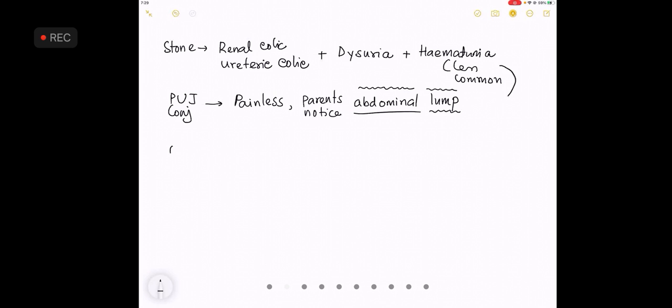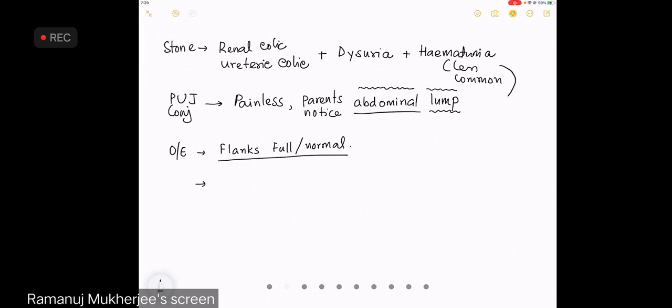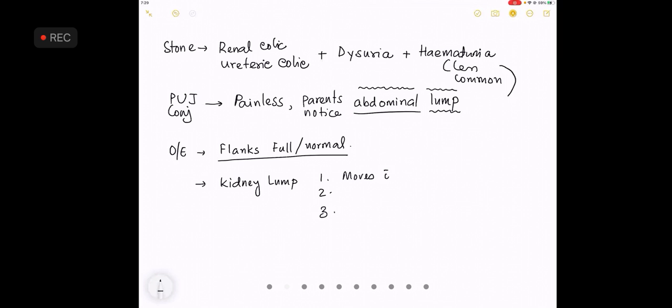Right. Now, on examination, flanks may or may not be full. Flanks are full or normal, as I've said in the renal lump. Point number 2, kidneys when palpated, the kidney lump, as I've always said, the characteristics 1, 2, 3, it moves with respiration.